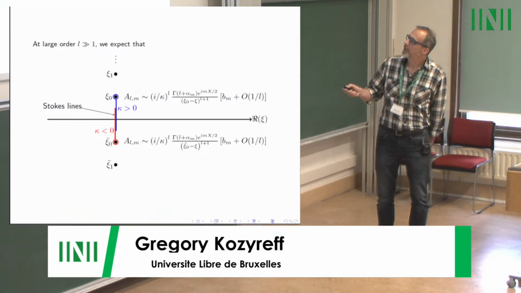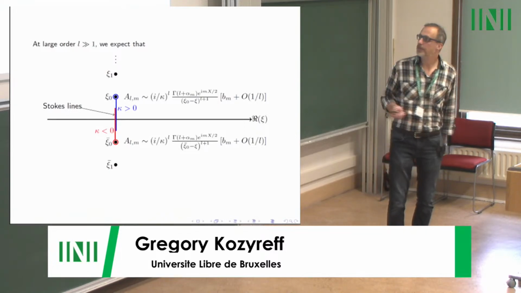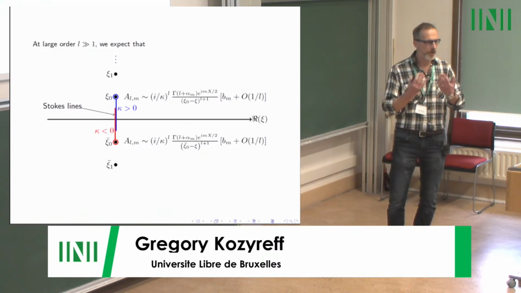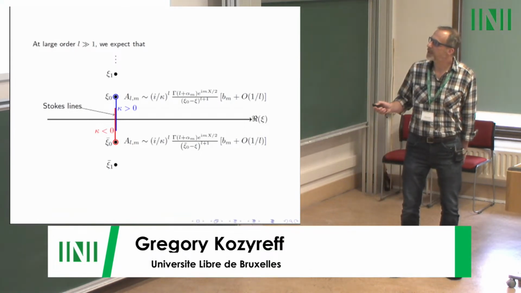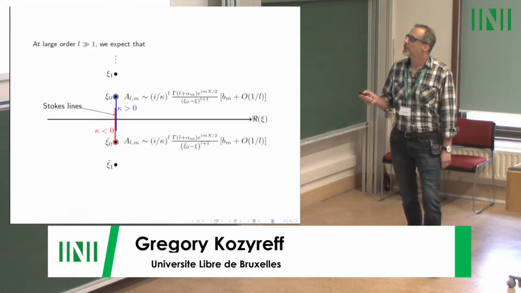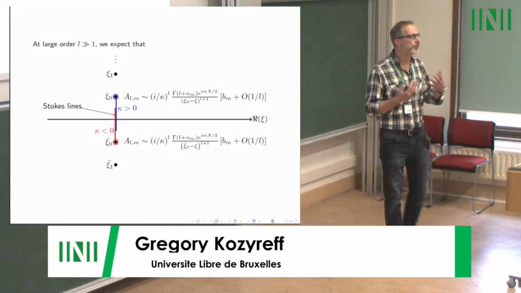Now, if here kappa is a positive number, then you will have the Stokes line that will go down from this singularity here. If kappa is negative, by just looking at the phase of successive terms, you will realize that you have a Stokes line going up from that singularity here. Okay?